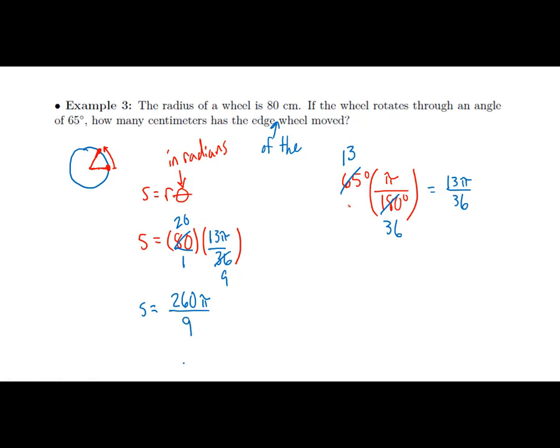However, I'm definitely not going to leave my answer like this. This is a nice exact answer, but since it's a story problem, I really want my answer to be practical for my reader, and so I'm definitely going to get an approximation here. Typing that in my calculator, I should get 90.8 centimeters.